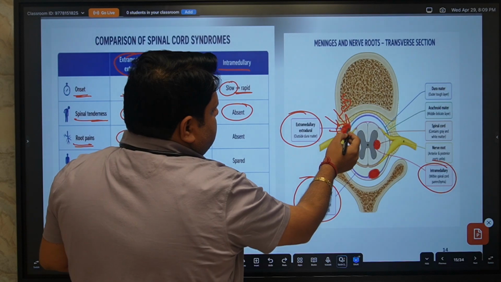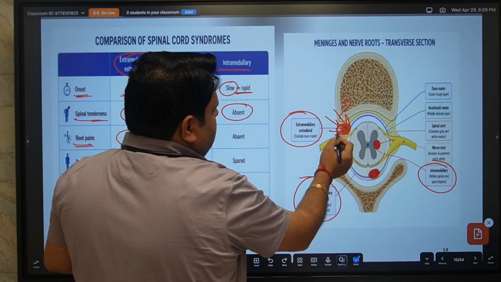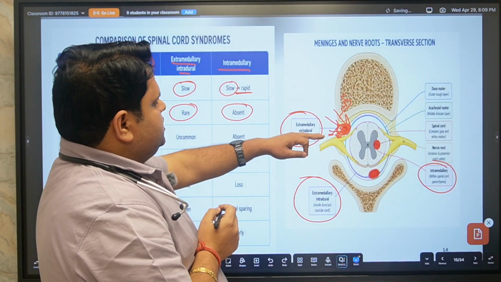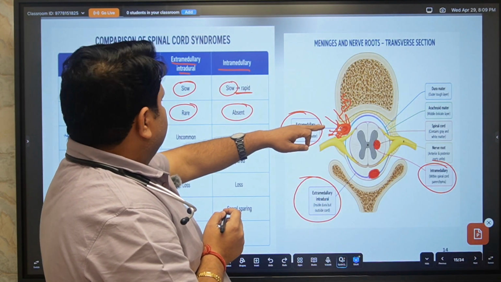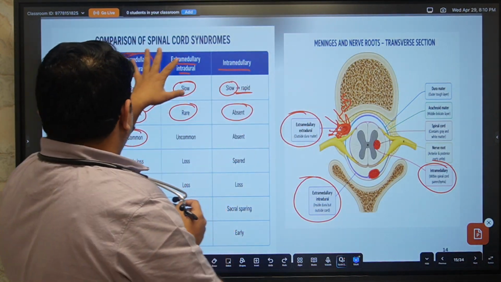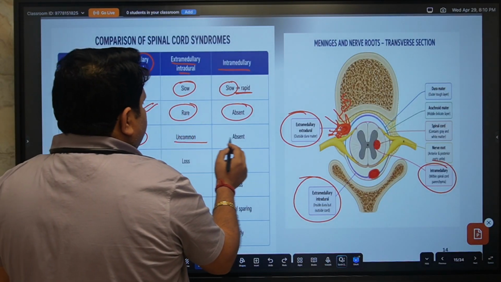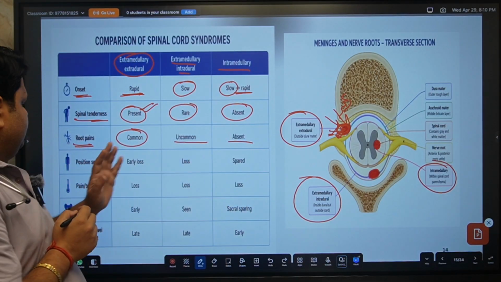Because these lesions are extradural, they may cause compression of the root, and that may cause root pain. So root pain and spinal tenderness are features of the extramedullary extradural lesion, and these are uncommon or absent in the intramedullary type of lesion.